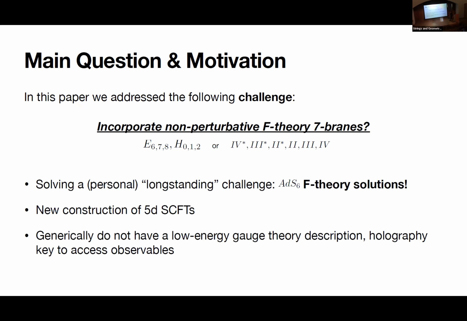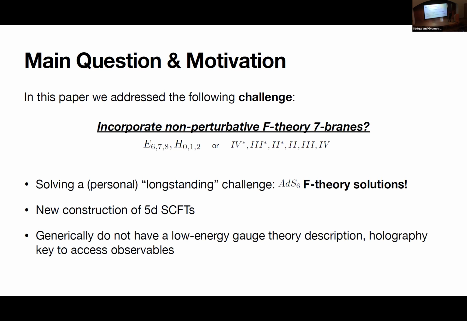The motivation for this is that solving this challenge would solve a personal long-standing challenge that I had: whether there are AdS6 F-theory solutions. In particular, they would lead to some new constructions of 5D CFTs. These are not always new 5D CFTs; sometimes they are just other descriptions of 5D CFTs that we know.